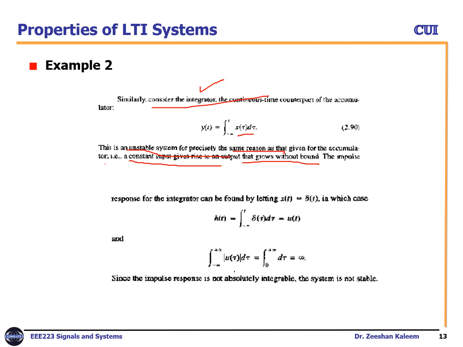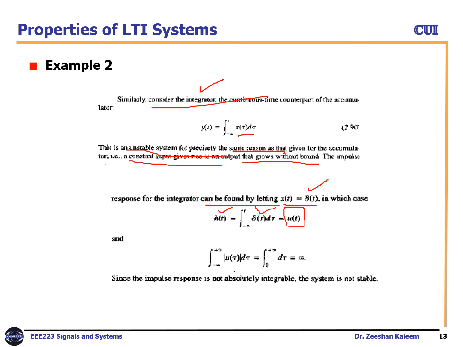The impulse response of an integrator can be found by letting x of t equal delta t. If you integrate delta t, you will get the impulse response, which is u of t, because integration of delta t is u of t.